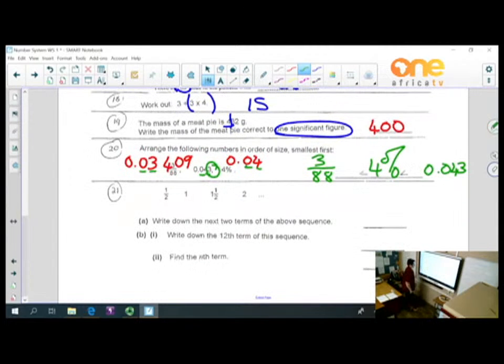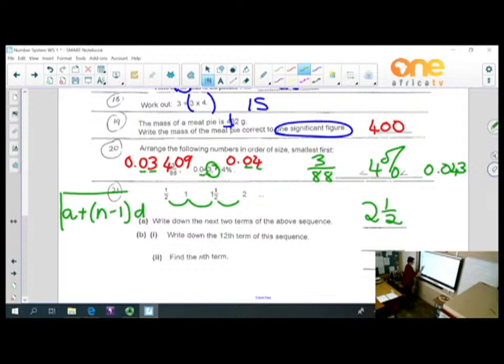Write the next two terms of the sequence. Again, you must find the pattern now. What is the common difference? What do I keep on adding? A half, isn't it? So it is 2 and a half. And then write down the 12th term of this sequence. So I will just keep on adding, or I can make use of my formula, A plus (N minus 1)D.